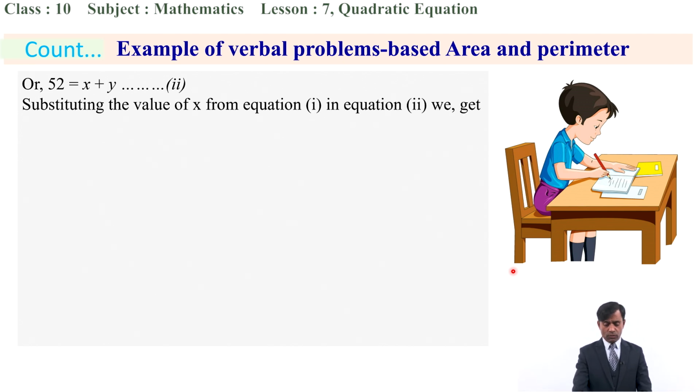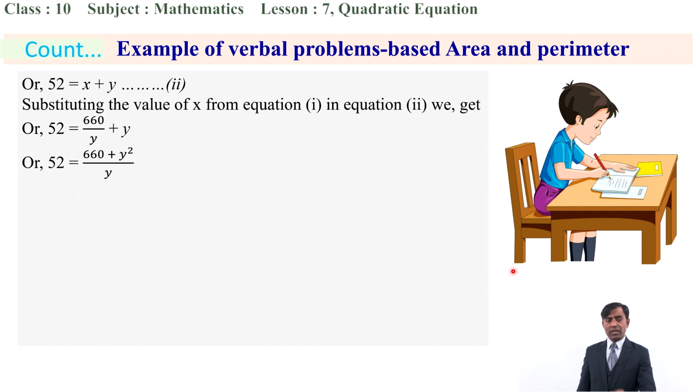What is the result? 52 is equal to the x value from equation 1, which is 660 divided by y, plus y. Now take the LCM on the RHS: 660 plus y multiplied by y, that is y square.